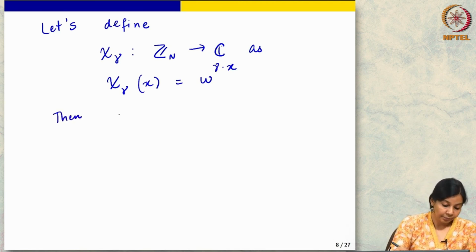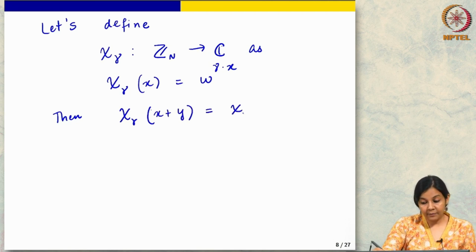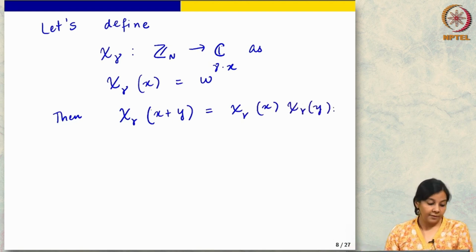Then chi gamma of x plus y, I claim, is chi gamma x chi gamma y. Does everyone agree?